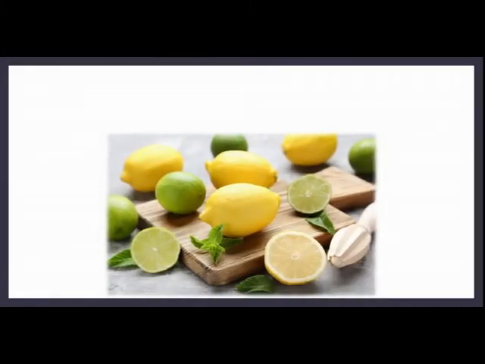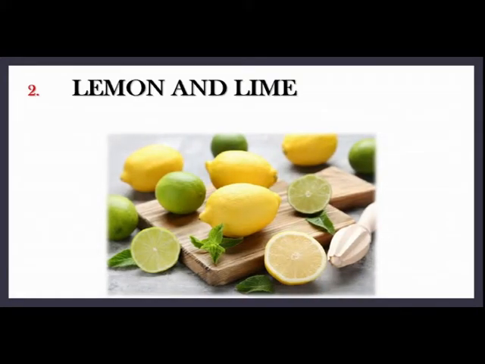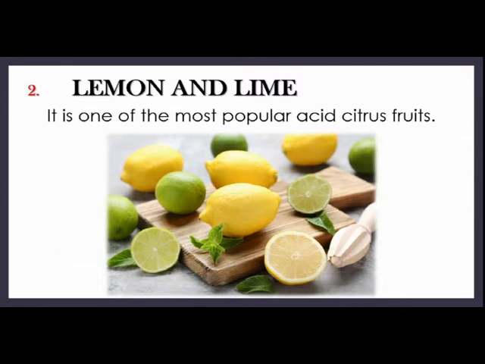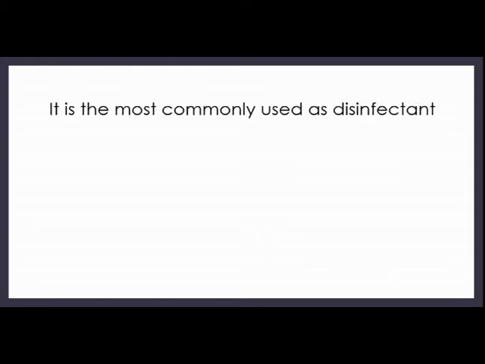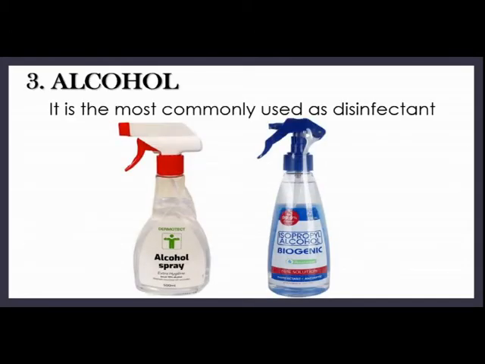So another one, we have lemon and lime. Okay, so they are just some of the most popular acidic citrus fruits that are really good in removing rust and removing dirt. Okay, so aside from that, we have alcohol, the one that we always use nowadays.